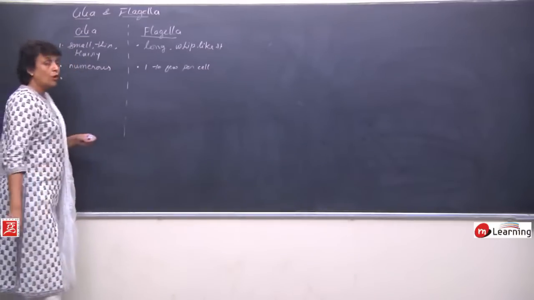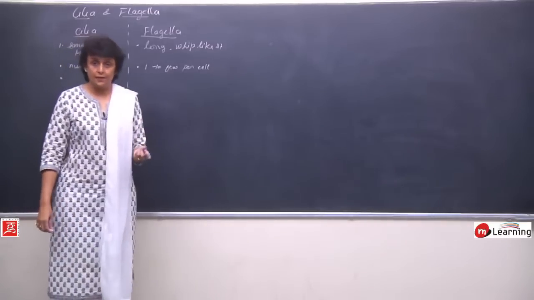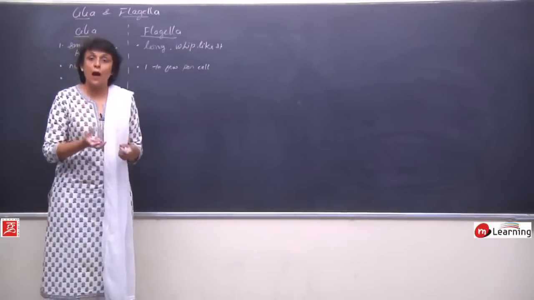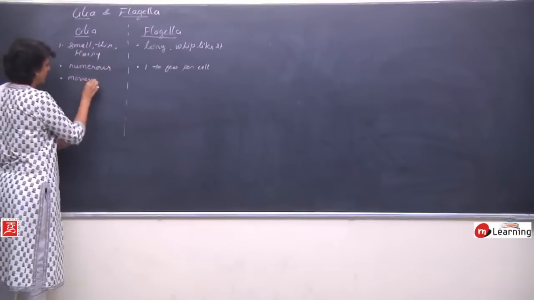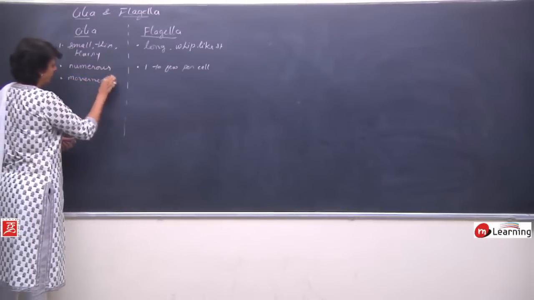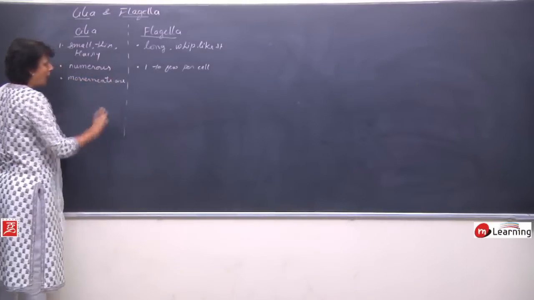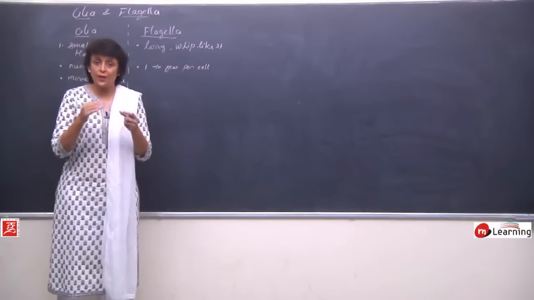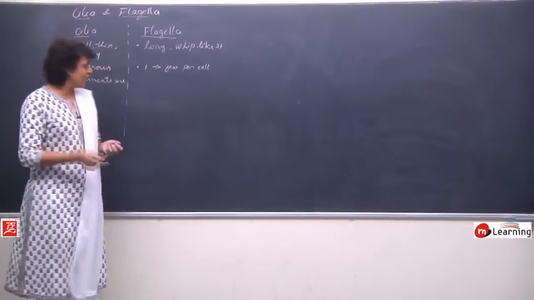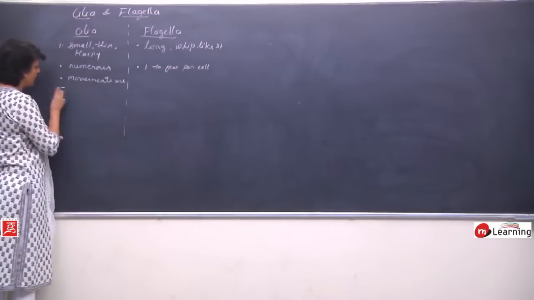Cilia normally move together, that means in the form of some kind of harmony. So their movements are harmonious. All cilia would move together in a synchronized manner.